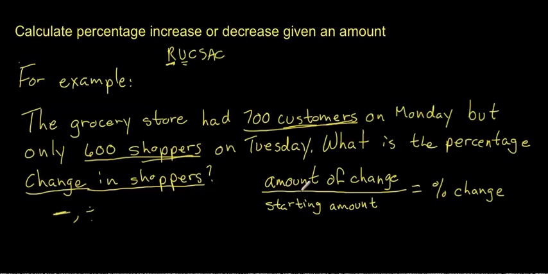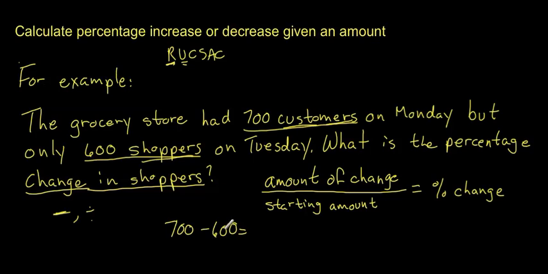Basically we need to start with 700, and we're going to subtract the 600 because we're trying to get our amount of change here.